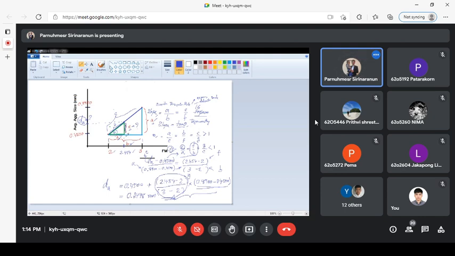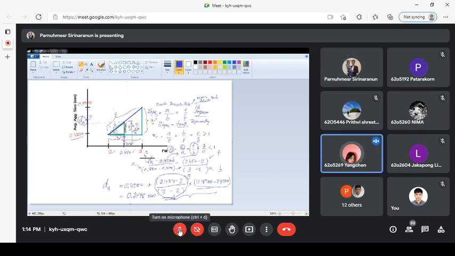Clear? When you get this side, you put this height. This height is 0.45. What you get from here to here means the average aggregate size. Clear or not, everybody? Clear, Ajahn.